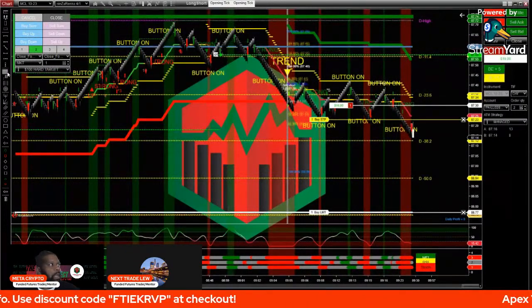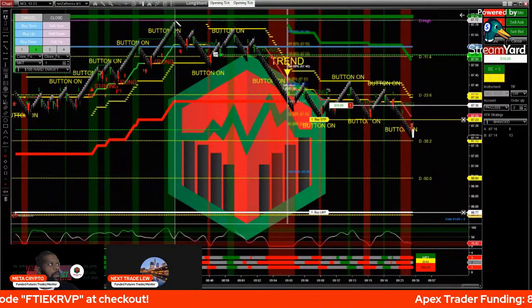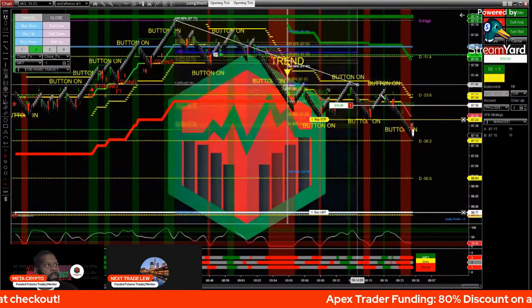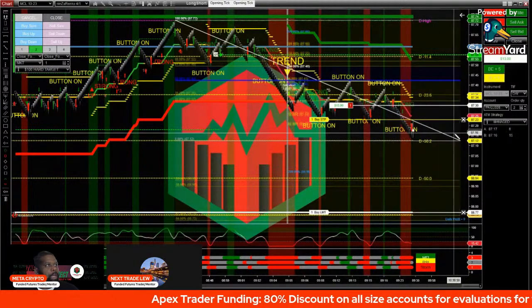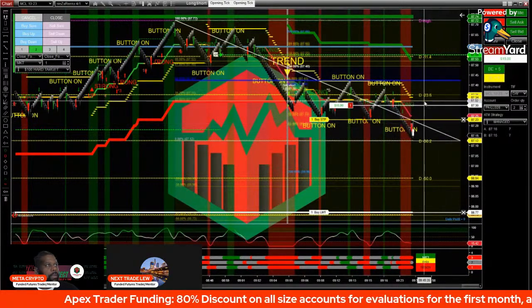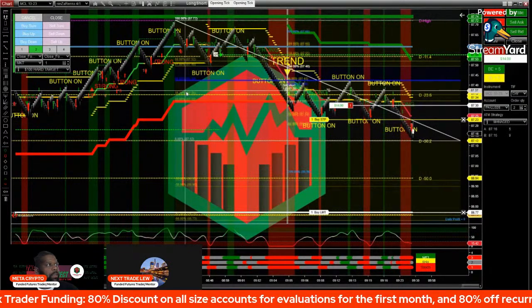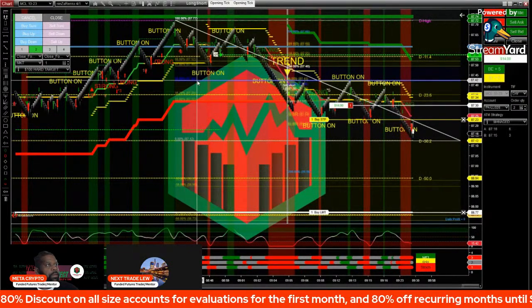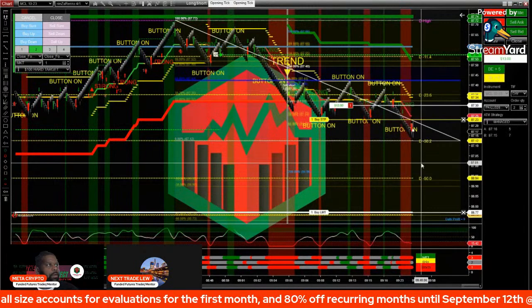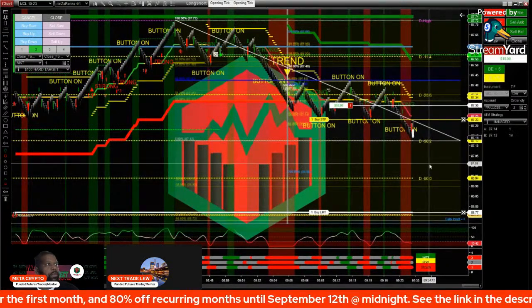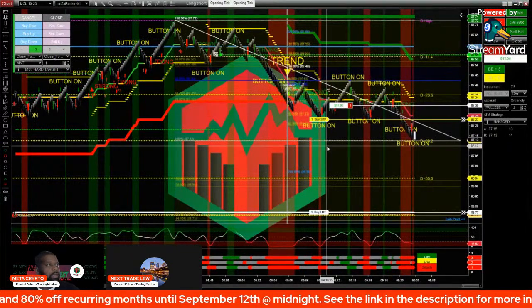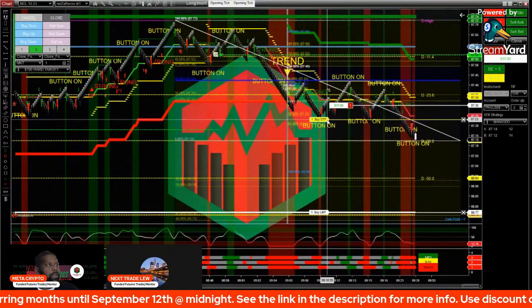Where could they be at? So what I do, I draw a field from the most extreme, the high of the day, to this 38.2. And if they do want to push it back up, they might push it up to this 38.2 or this 50% and then knock it back down, hopefully. But we're going to stay focused on letting them run it all the way down to where it needs to go.